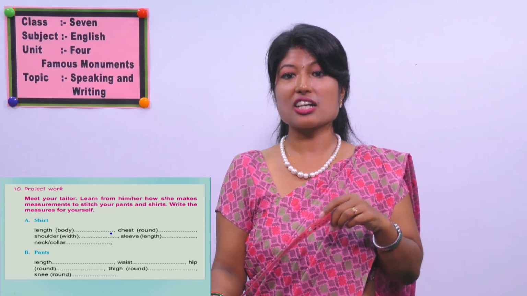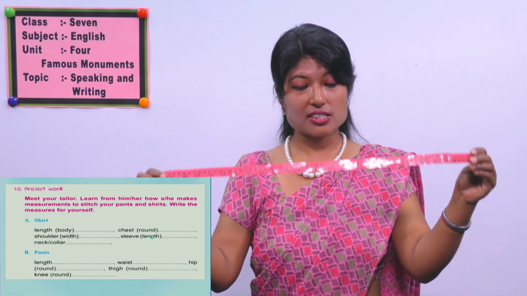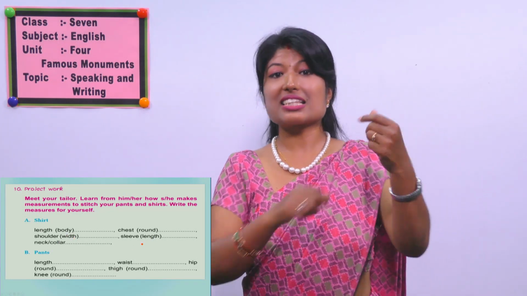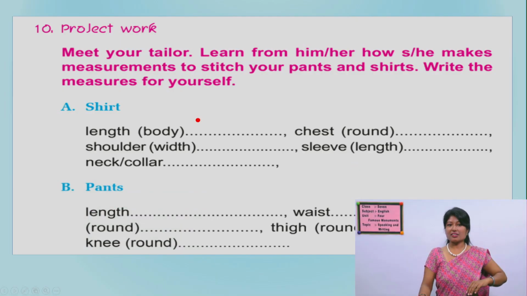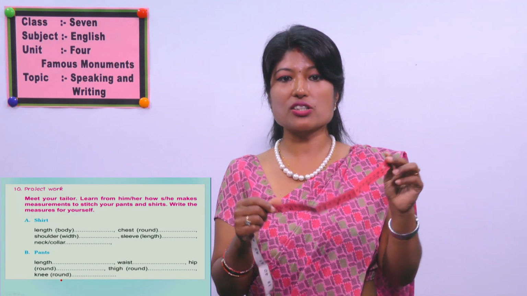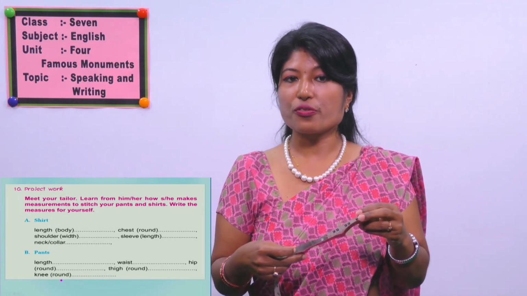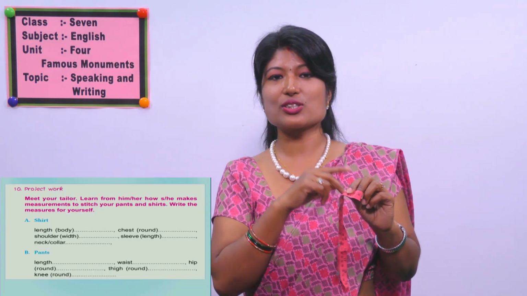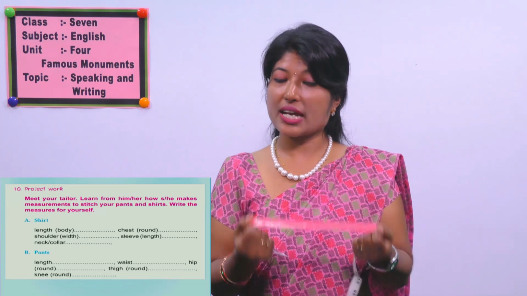Body length, chest around, shoulder width, sleeve length, and neck collar. Likewise, pants length, waist, hip, thigh, and knee. So the tailor uses such measuring tapes to measure your body to stitch the clothes or to cut the clothes according to your measurement.